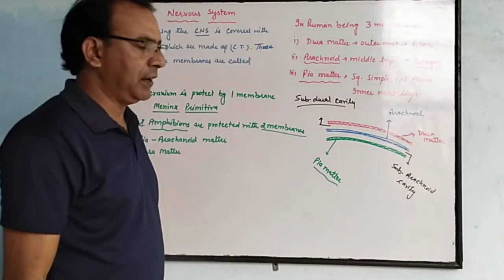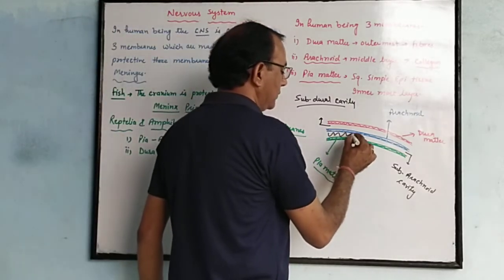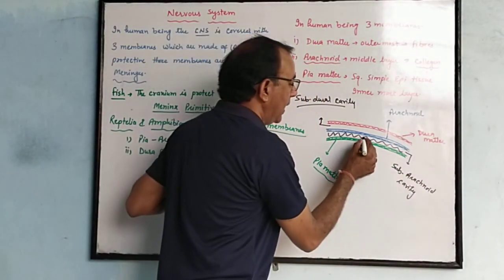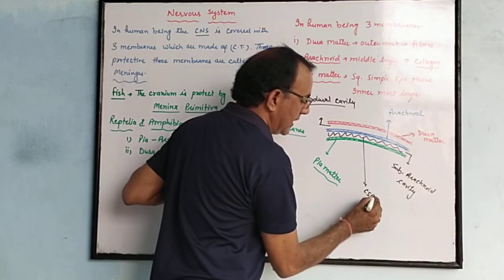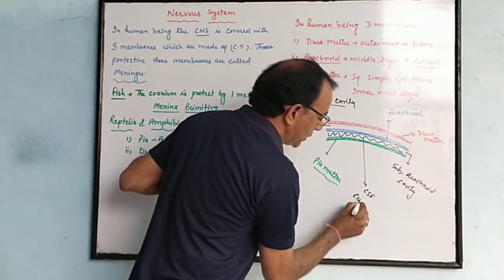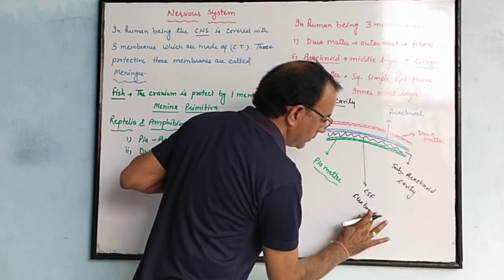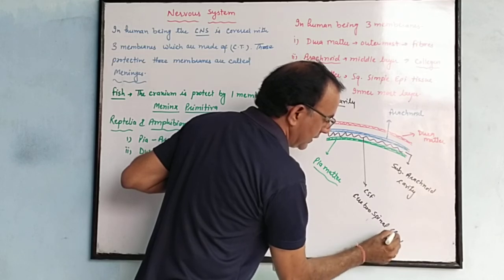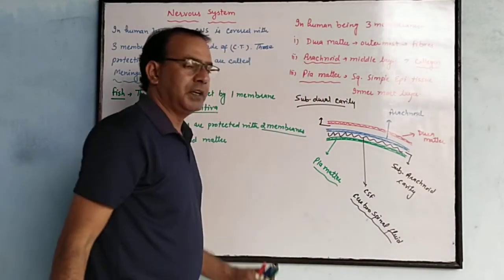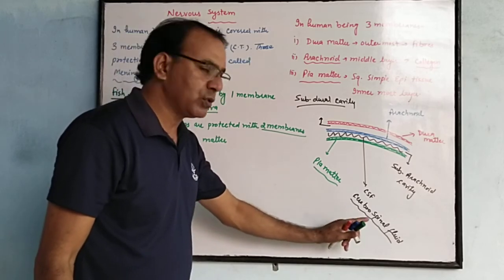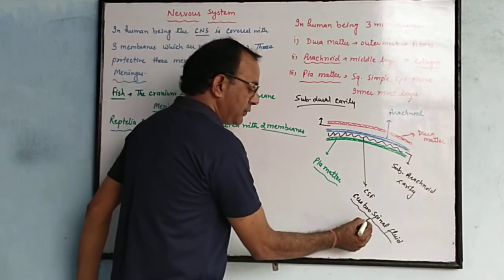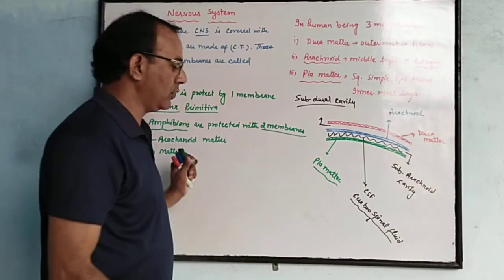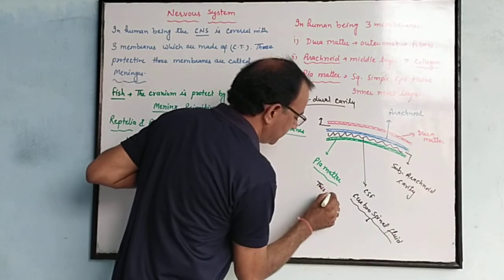A fluid is filled in the subarachnoid cavity, and this fluid is called CSF, cerebrospinal fluid. What is the role of this fluid? This fluid helps to protect our brain from external shock.